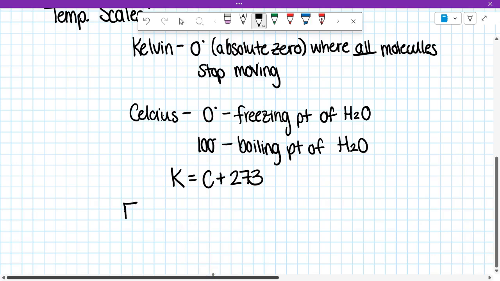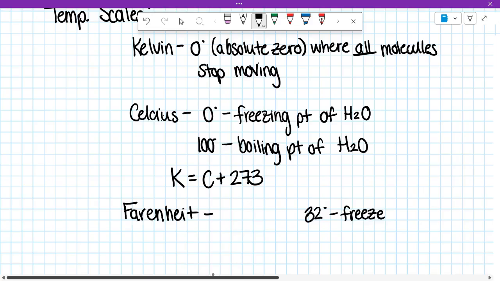Then we have the Fahrenheit scale. For some reason, this dude Fahrenheit was like, I disagree with the simplicity of 0 and 100. I'm going to make 32 degrees the freezing point of water and 212 degrees the boiling point of water.